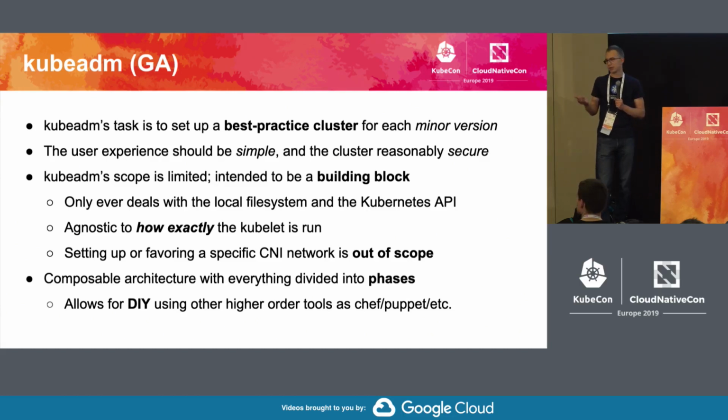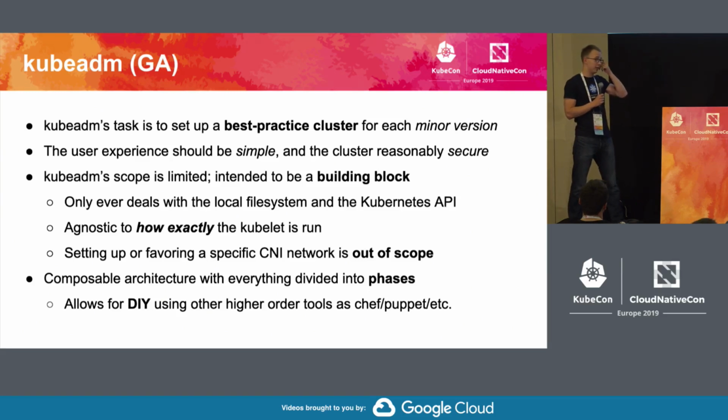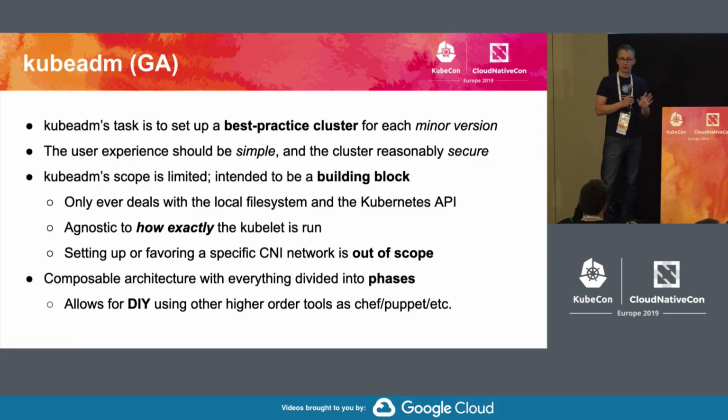Then it actually doesn't care about how the kubelet is running. You can run that containerized or in systemd. There are loads of other crazy projects that do different things. But as long as there is a kubelet, it's fine. And you get this automatically working with apt-get install kubeadm. So that's the UX part of it. And actually, we're not even choosing the network.